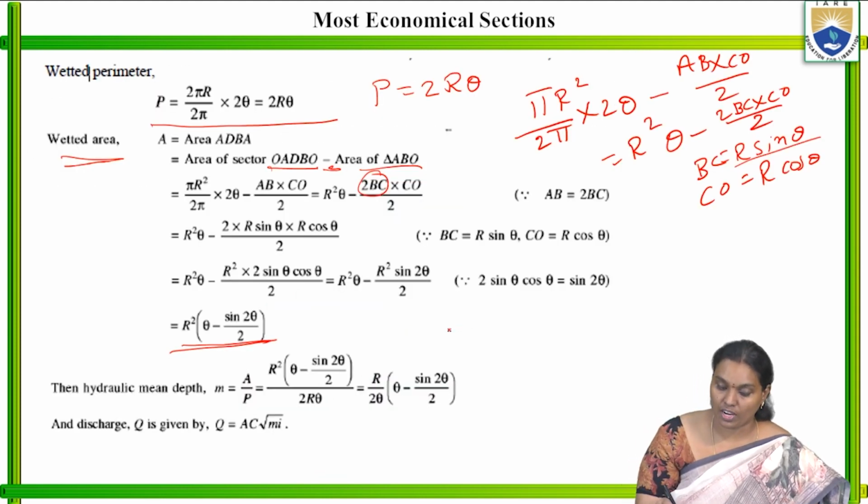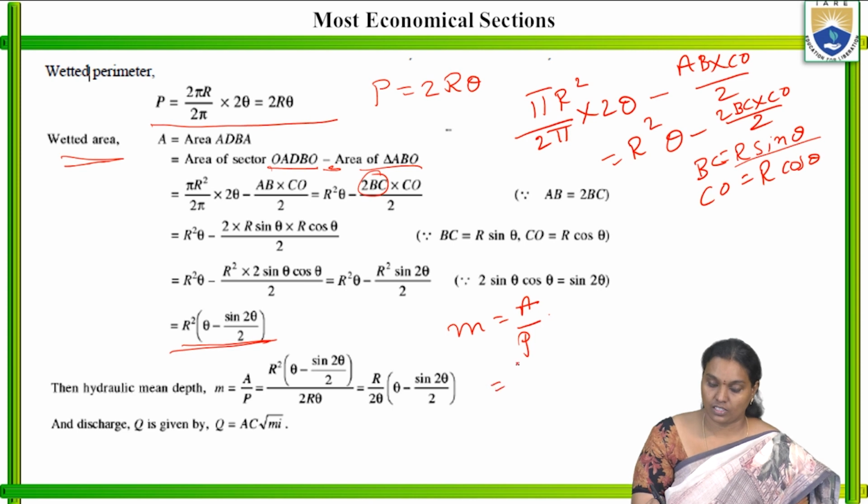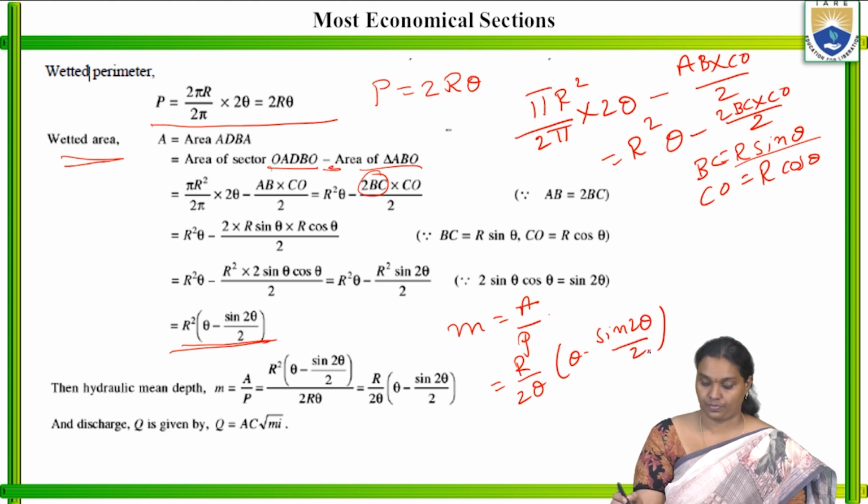So the hydraulic mean depth M is equal to A by P, that is equal to r by 2 theta, into theta minus sin 2 theta by 2.